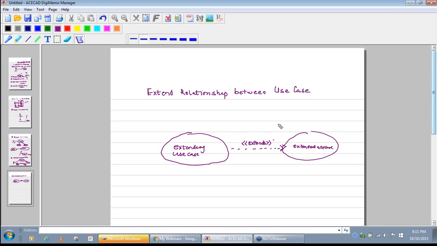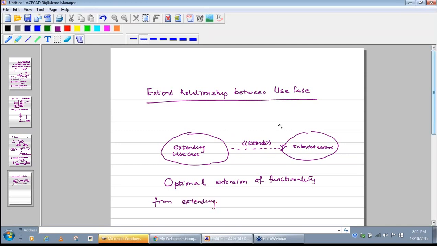And here I will explain this extend relationship with an example. First thing is, the word optional is very important, so I highlight the word: optional extension of functionality from the extending use case to the extended use case.